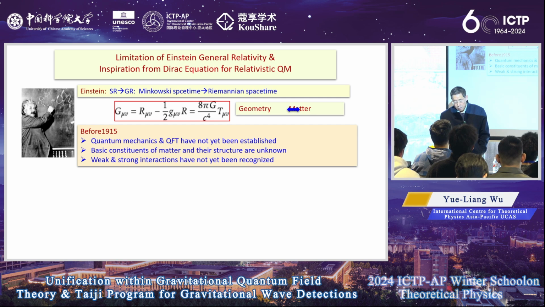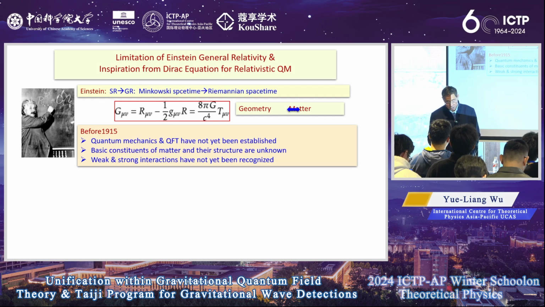But it was revolutionary, because at that time, in 1915, we only knew special relativity and Newton's law, and maybe some atomic models from Niels Bohr and the idea of quantization. We didn't know quantum mechanics, and we didn't know the elementary particles. So at that time, generalizing special relativity to general relativity to describe gravity was revolutionary.